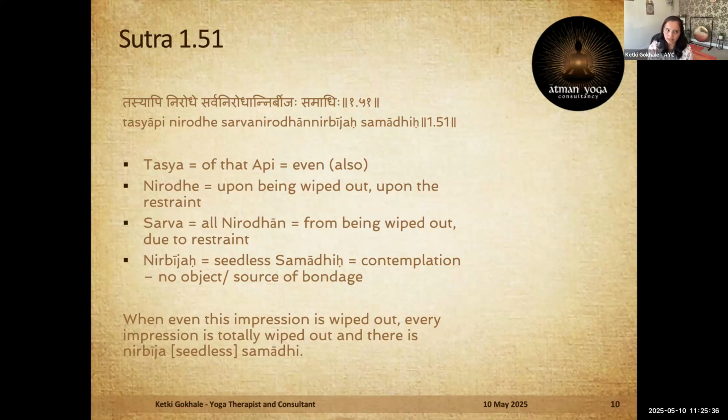samadhihi. Tasya, of that, api, even, nirodhe, upon being wiped out, or upon the restraint, even when that vritti or impression gets restrained, sarva, all, nirodha, from being wiped out due to restraint, nirbija, a seedless samadhi, contemplation, is reached.